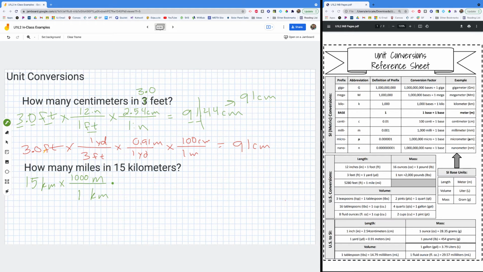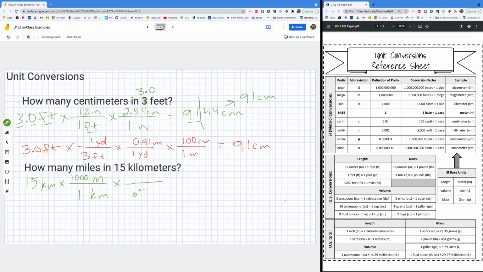And then I can do something with meters to get to miles maybe. My length conversions are inches to centimeters or yards to meters. You could do it either way. It doesn't matter. The more you practice with this, the more you'll realize some are a little bit less steps than others, depending on where you're going. I'm just going to pick the meters to yards one.